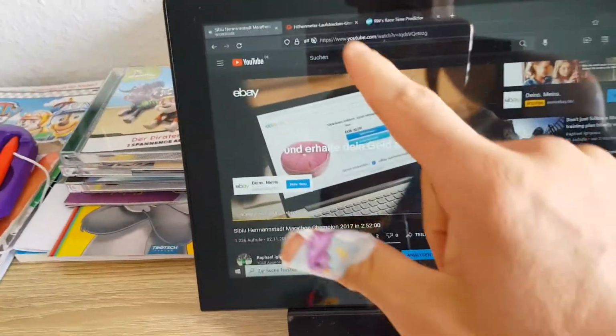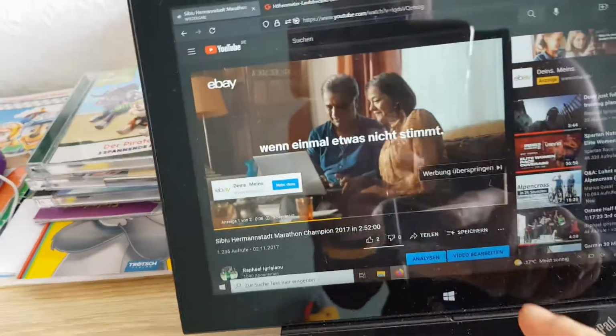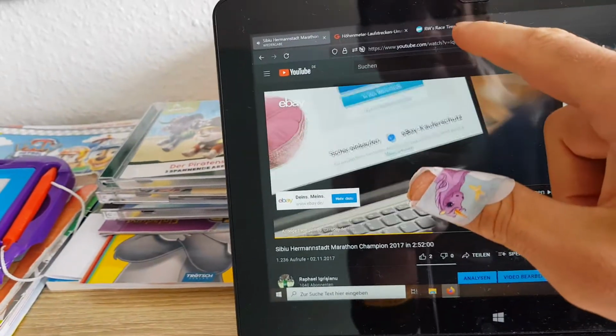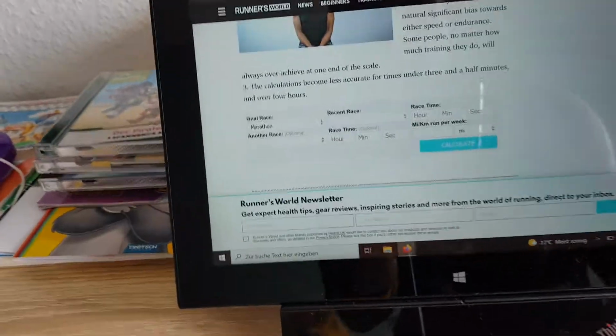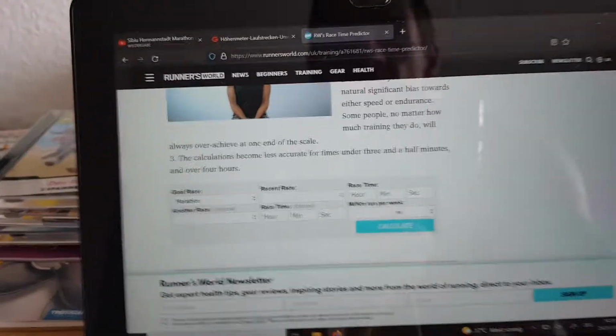You have to get yourself the Runner's World Race Predictor calculator, which calculates the possible times online. Here I've prepared it for you to see. Here it is, the Runner's World Race Predictor.